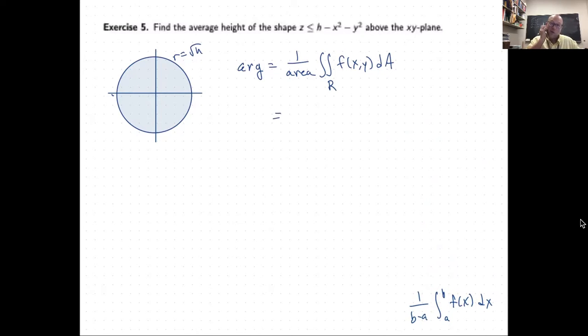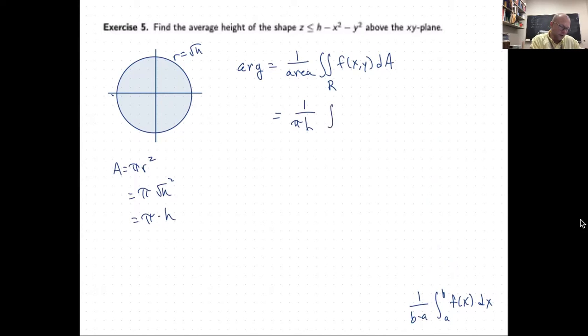Now, fortuitously, we know the way to get the area of a circle, right? So area equals pi r squared, but the r that we're worrying about is the square root of h. So we get pi times h, okay? So 1 over pi times h.